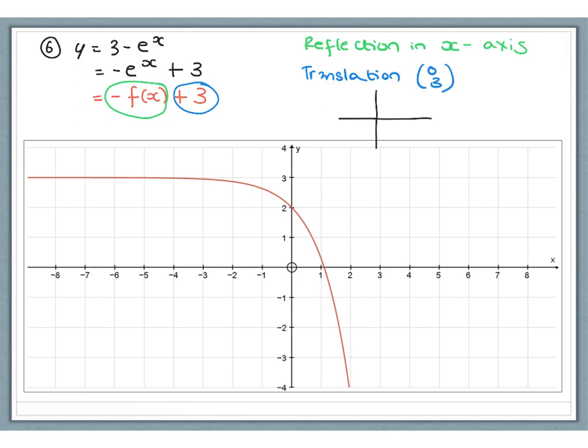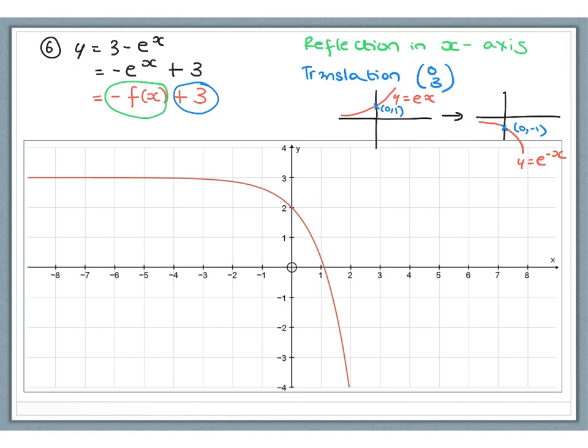Now, if we remember, the original function y equals e to the x looks like this. If we then perform the reflection in the x-axis, it will look like this. And then the last stage is to translate this by 3 units vertically. Now, this point here, of course, is 0, 1, which reflects to become the point 0, negative 1.